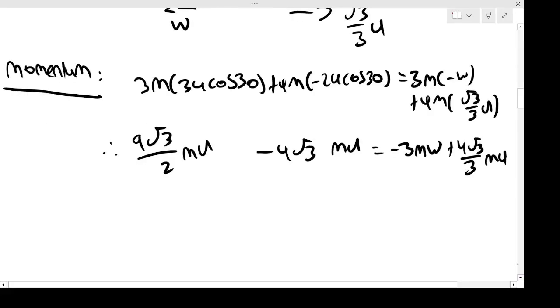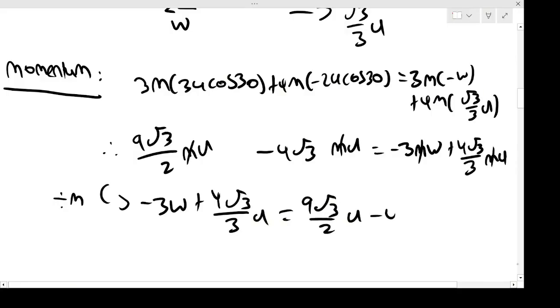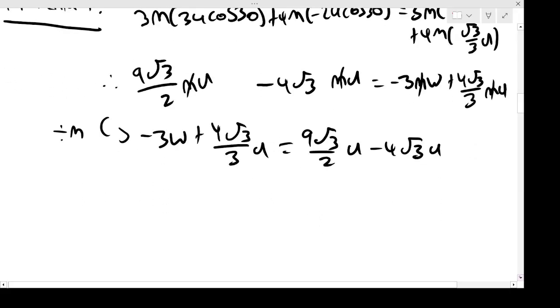And so then, hopefully you can notice I can cancel the m's, because m's in every term. So therefore minus 3w add 4 root 3 over 3u is going to be 9 root 3 over 2u minus 4 root 3u. So hopefully happy with that algebra there.